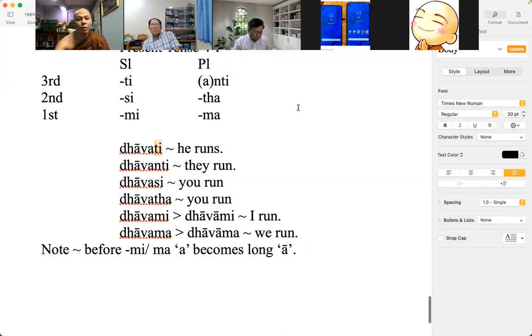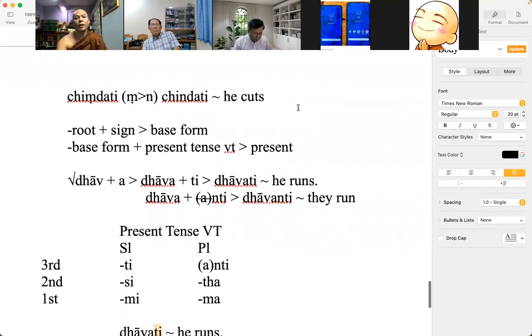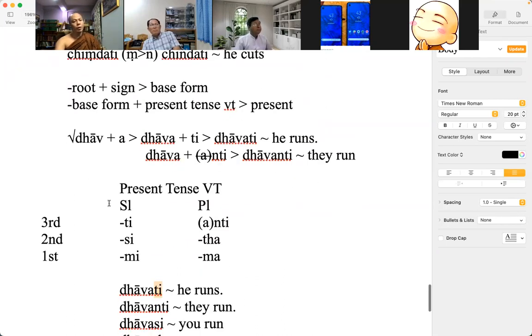Okay, so now to understand the present verb, we need to remember these present verb terminations. Present tense verb terminations are just ti and anti, si, tha, mi, ma.